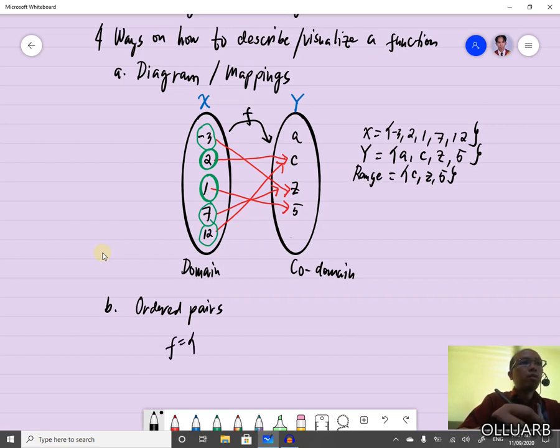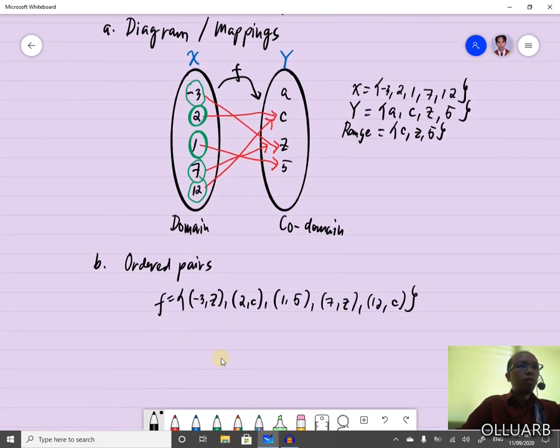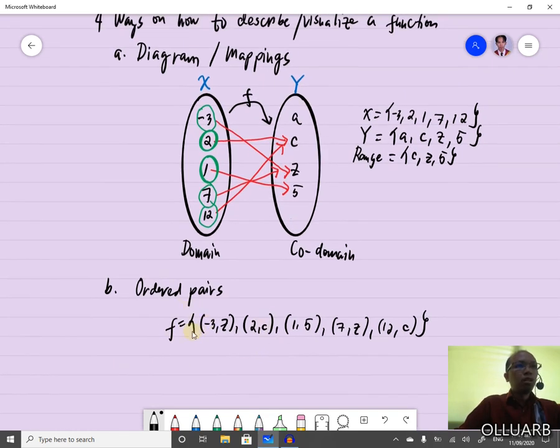If we describe it using ordered pairs, then as you can see, the elements are negative 3, Z; 2, C; and then 1, 5; 7, Z; and 12, C. So as you can see here, if we describe the function using ordered pairs, this is it.